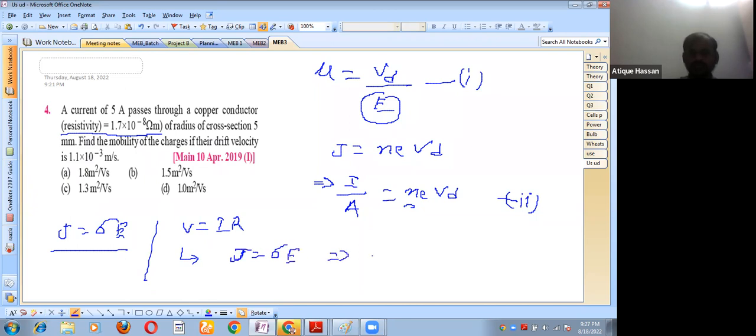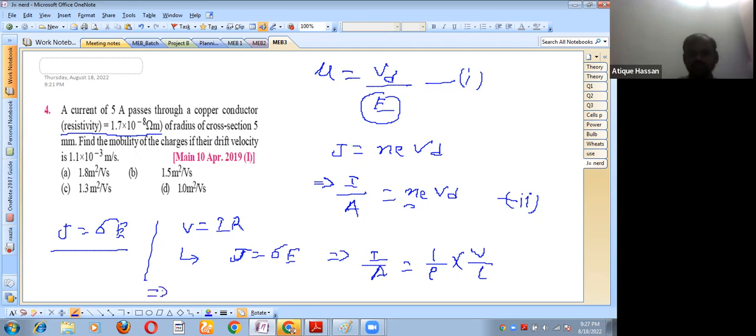If you write J is equal to I by A, and sigma, we know, relates to resistivity, and the electric field is E. The electric field is actually potential upon length also.